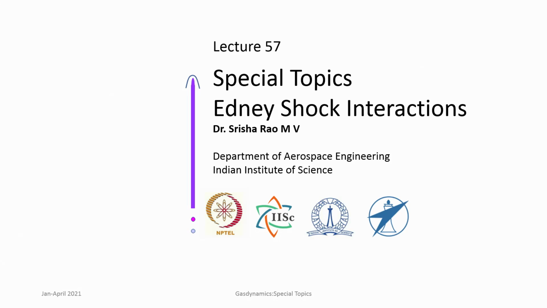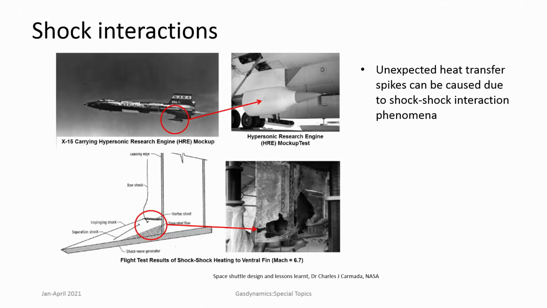But if you consider a complex shaped body in hypersonic flow, it will have many features about it. For example, this is an example from much earlier, during the time when hypersonic flows were being evaluated. This is an X-51 vehicle carrying an experimental setup for hypersonic research.